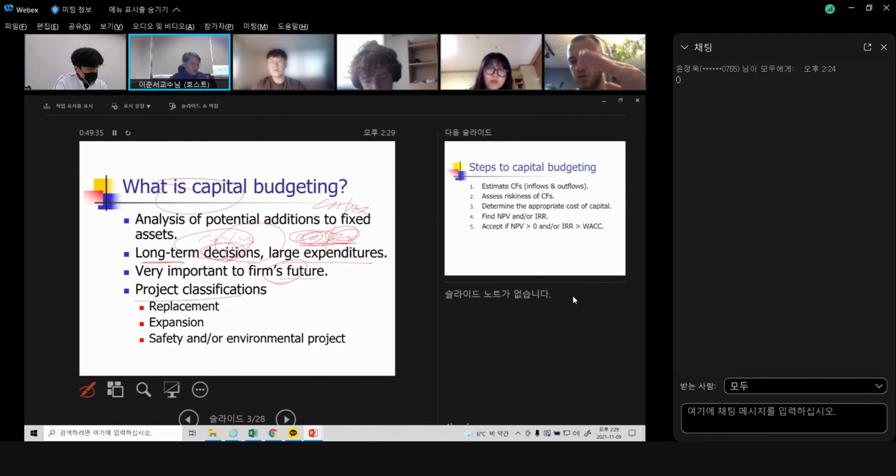For example, for a replacement case and an expansion case, we may approach them in different ways, right? The decision making is a little bit different, but we need to focus on expansion, especially expansion into a new business area. So let's take a look at the several types of capital budgeting.